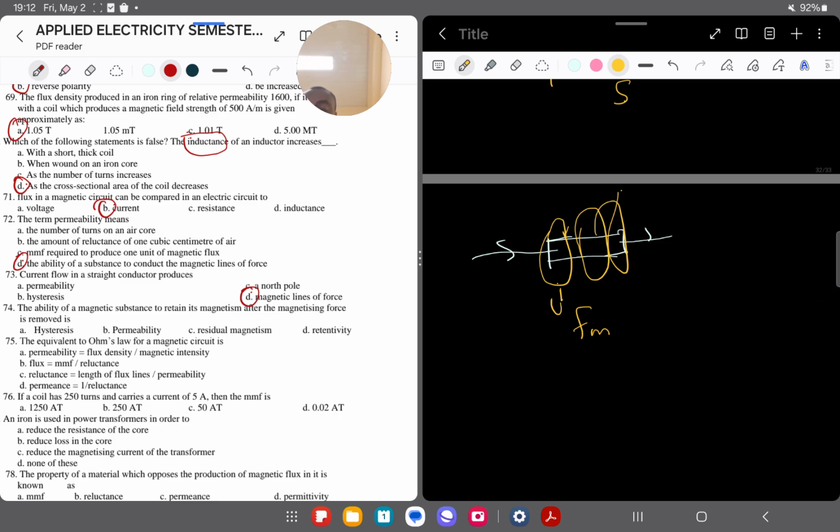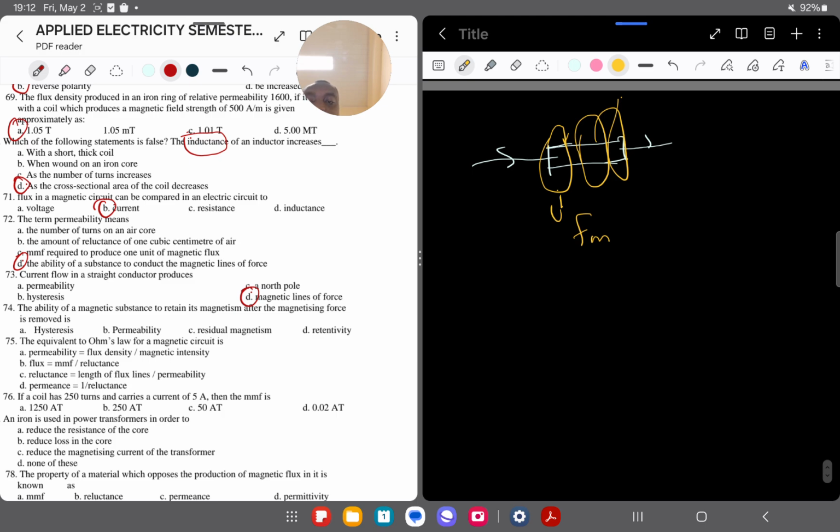Question 74. The ability of a substance to retain its magnetism after the magnetizing force is removed is retentivity. We saw a similar question yesterday. For example, you rub a nail against a bar magnet.